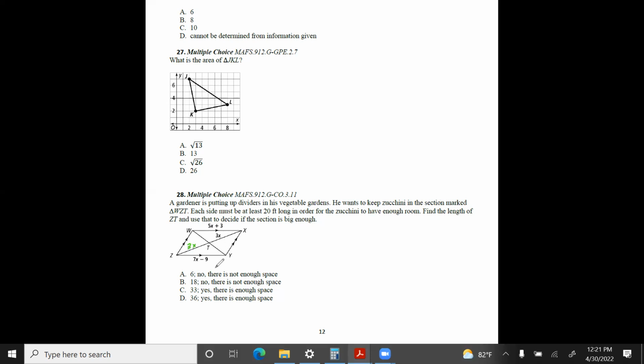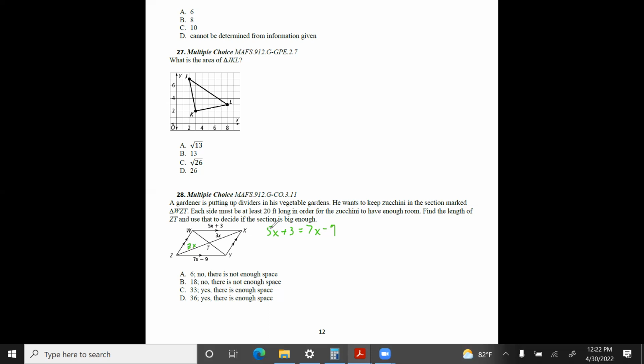So we know these two have to be equal. Let's start there. So opposite sides of a parallelogram have to be equal. There's enough information there to say it's a parallelogram.